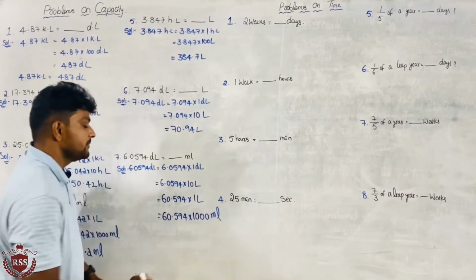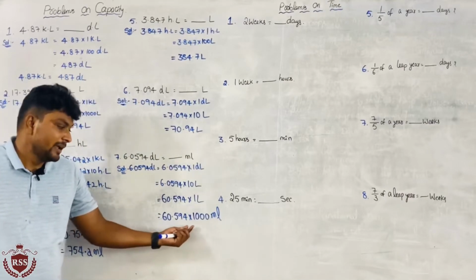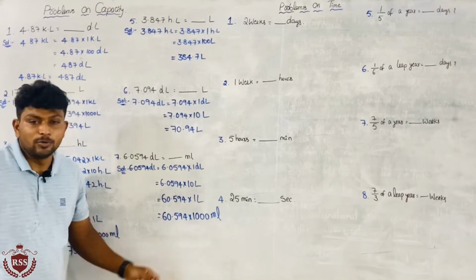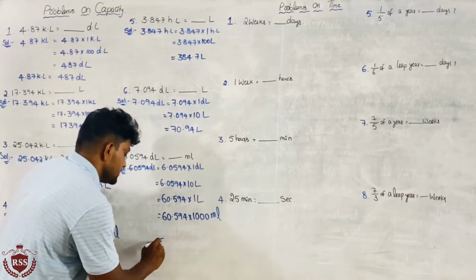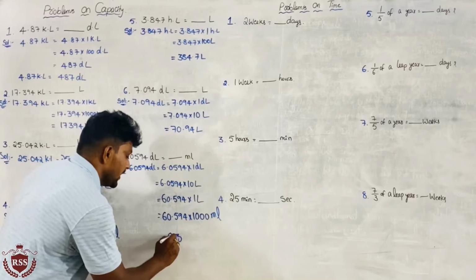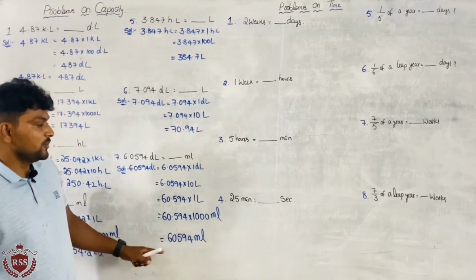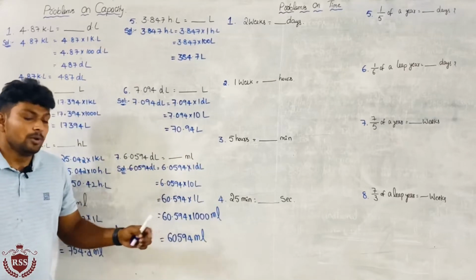In the product we have 3 zeros and there are 3 decimal digits, so we can remove the decimal point. The answer will be 60,594 milliliters.